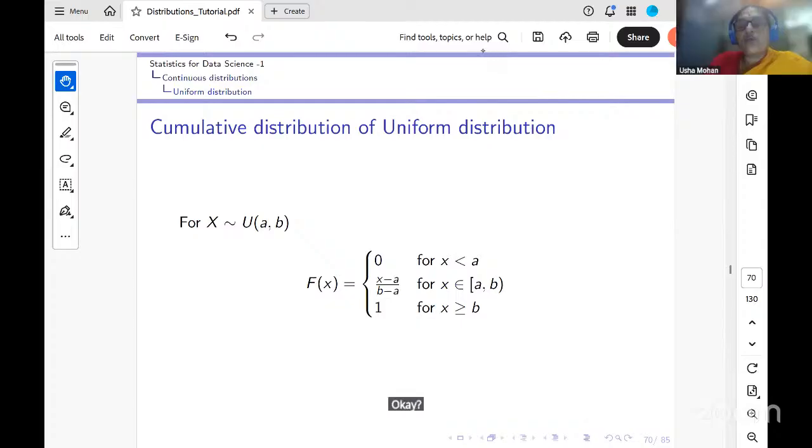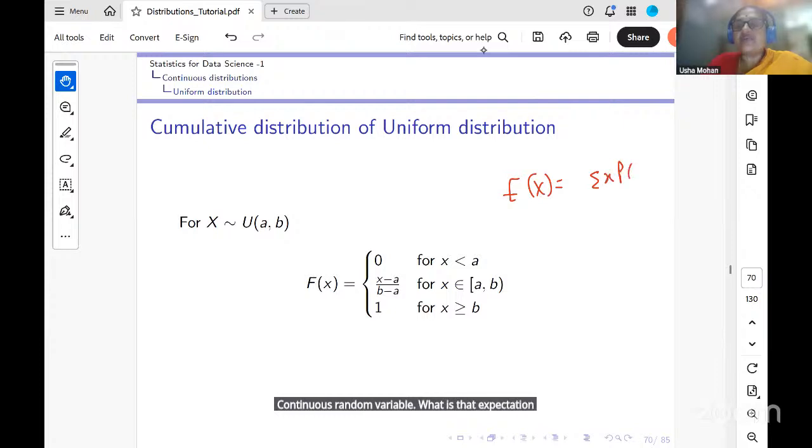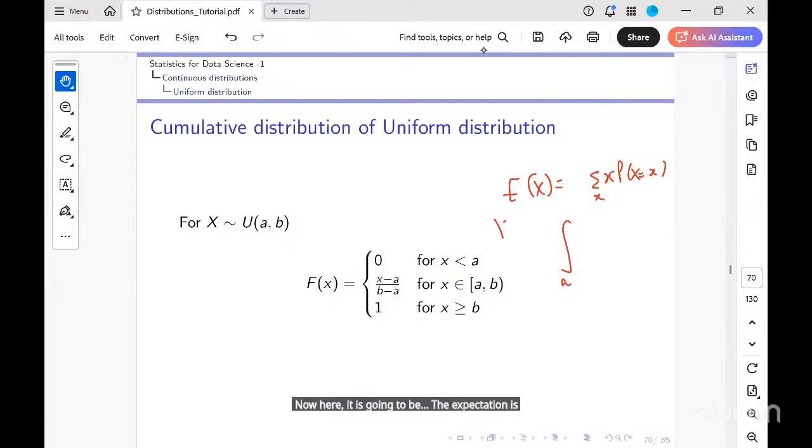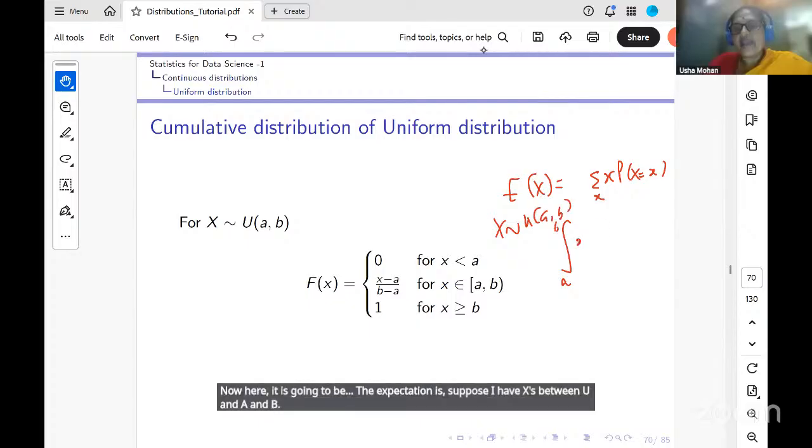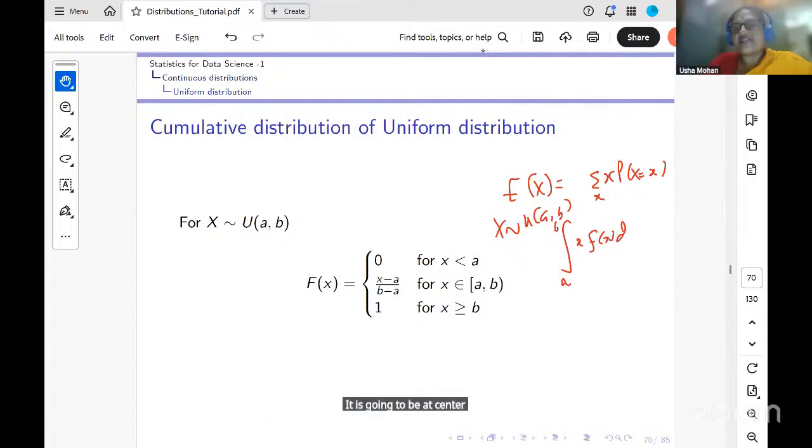Now let's look at what is the expectation of a continuous random variable. What was the expectation of a discrete random variable? It was, over all values of X, the value into the probability it was taking, right? Now here, suppose I have X between A and B, the expectation is going to be the integral of X into f of X dx.